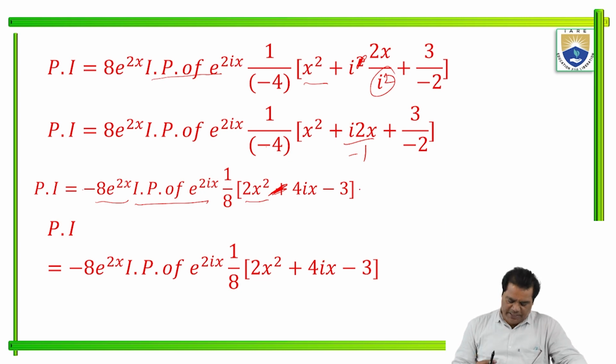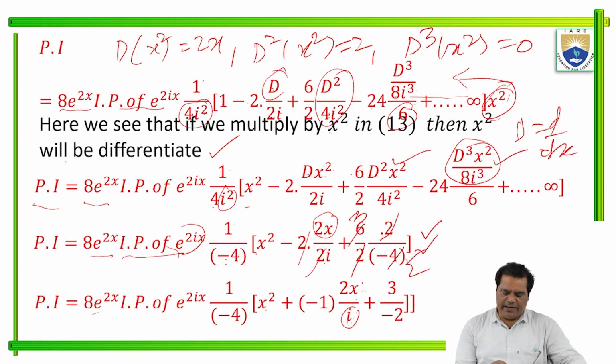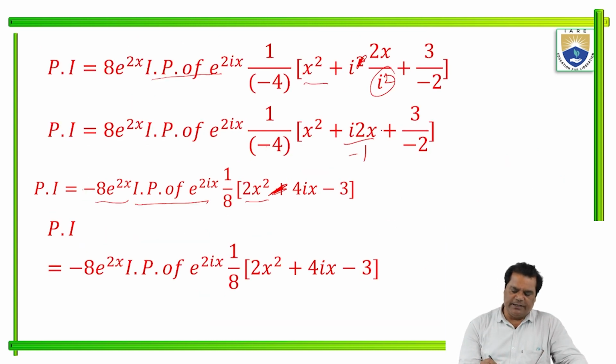Okay, multiply, minus is coming. Here is minus plus. So multiply by i square, 4i square here. And this i multiplied becomes plus. Minus minus is plus, correct. So this plus sign, 4ix minus 3. Now taking this minus in the numerator, this 3 upon minus 2, we write minus 3 by 2.